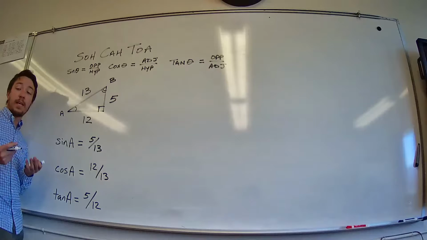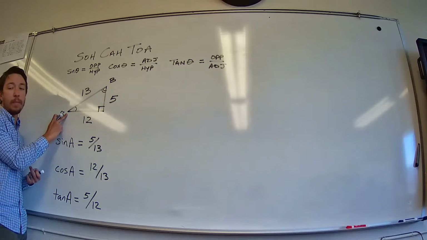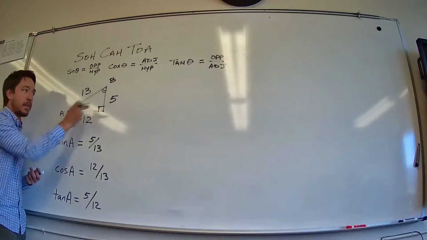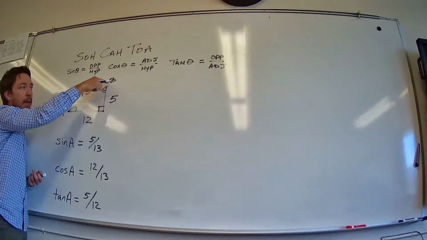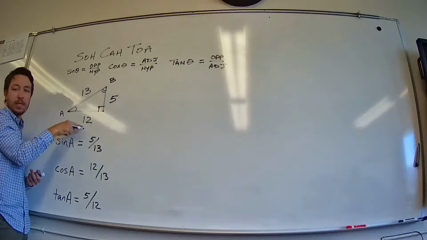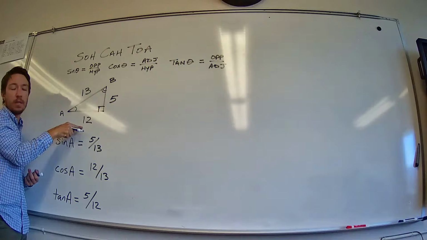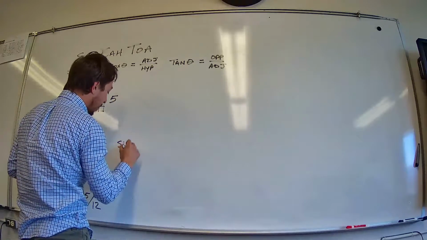Now here's the thing, it's all relative though. If you ask angle A, who's your opposite side? He's going to say 5. But if you ask angle B, who's your opposite side? He says the 12. So what's the sine of angle B?